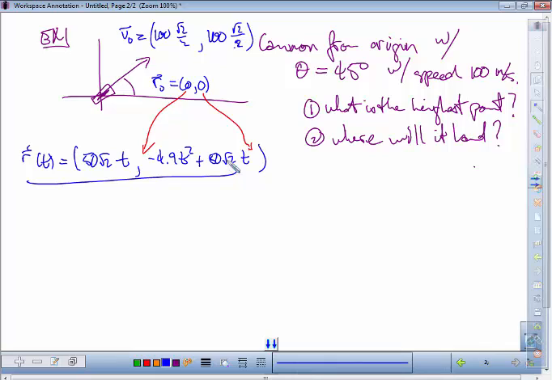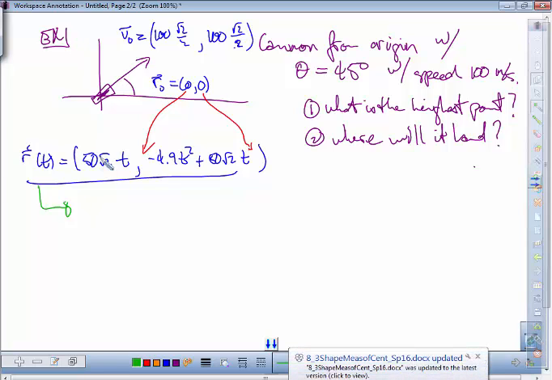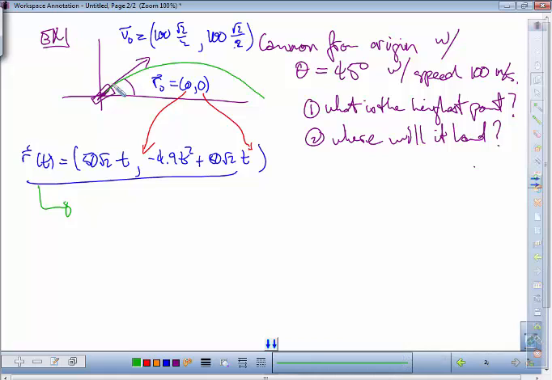How do you find the highest point? Velocity 0. The velocity is always moving along the x-axis. If you look at the path, it's always going to be moving along the x-axis. But the y is going to go from positive to 0 to negative.